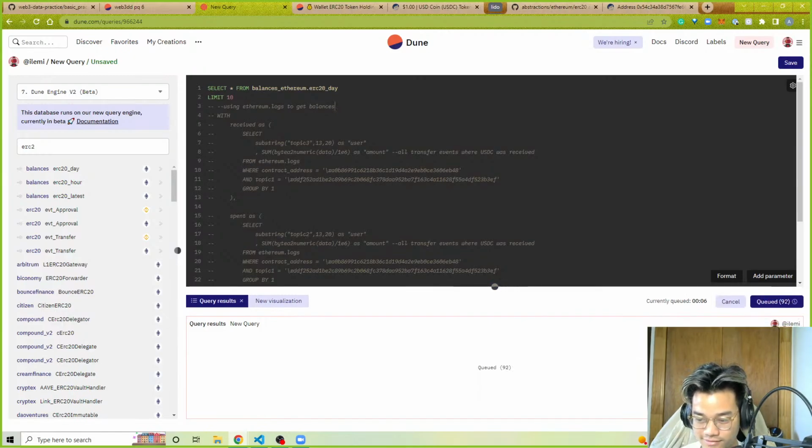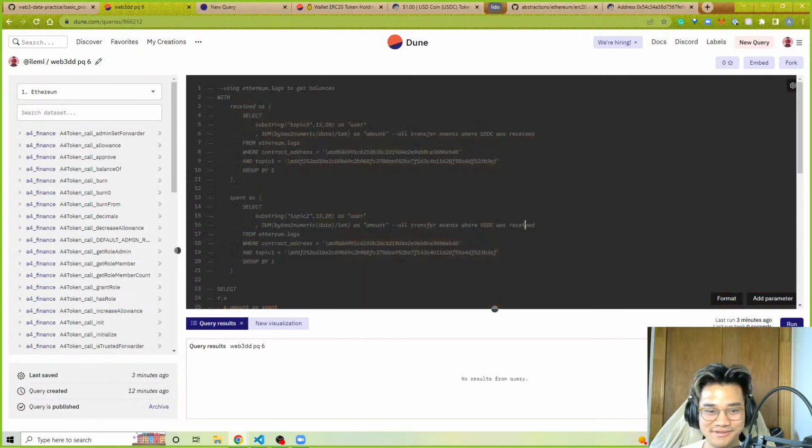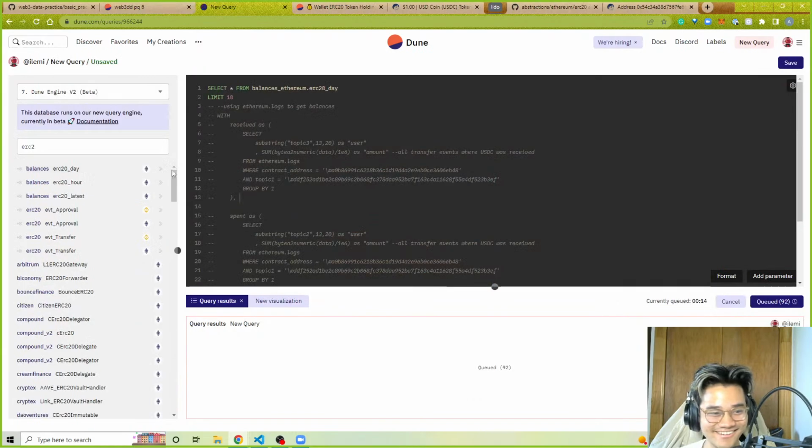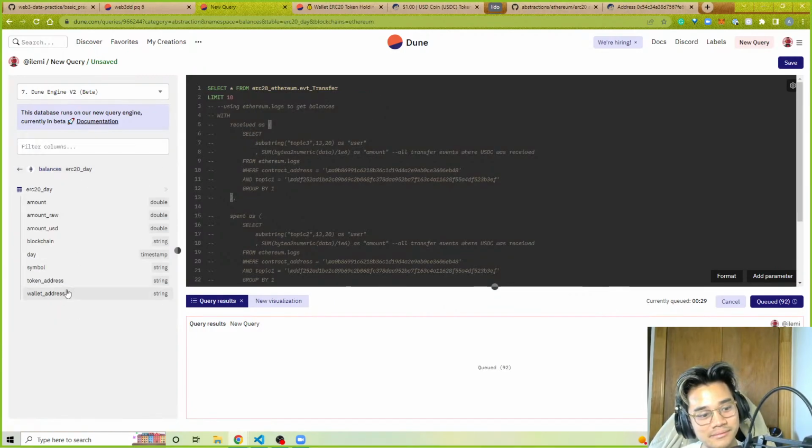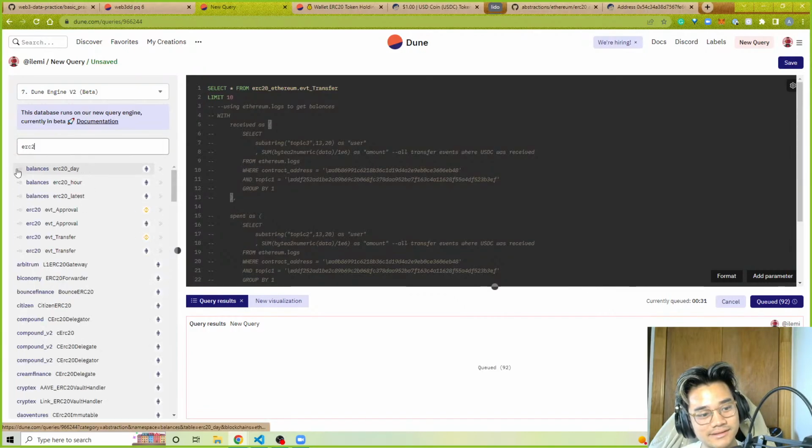Oh, all right. We will not be using the V2 engine. The query line's a little too long right now. Well, it looks like there's already a balances table in V2. So it's kind of cheating, but you could use this.